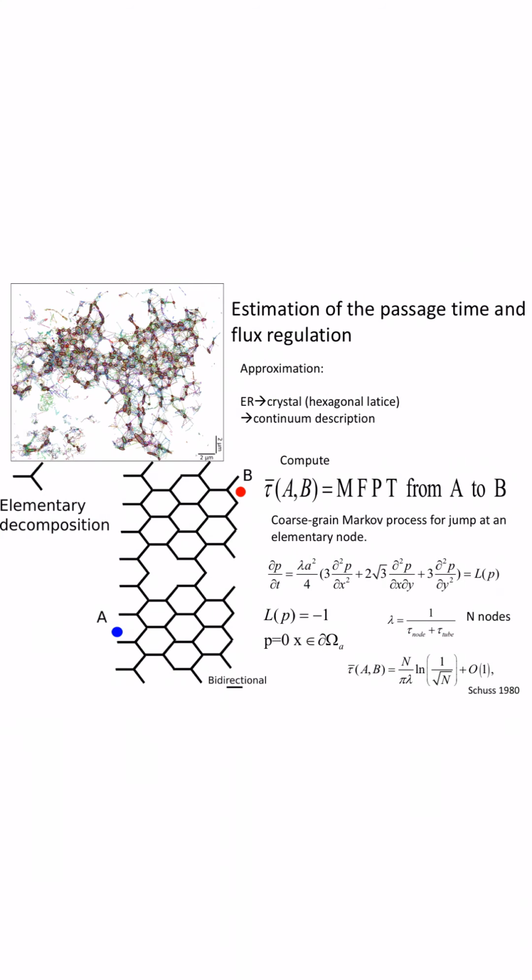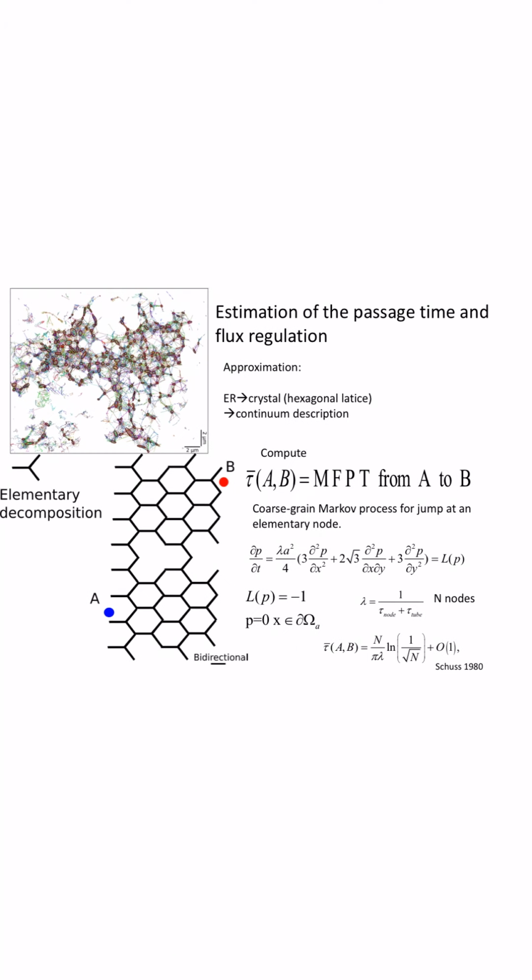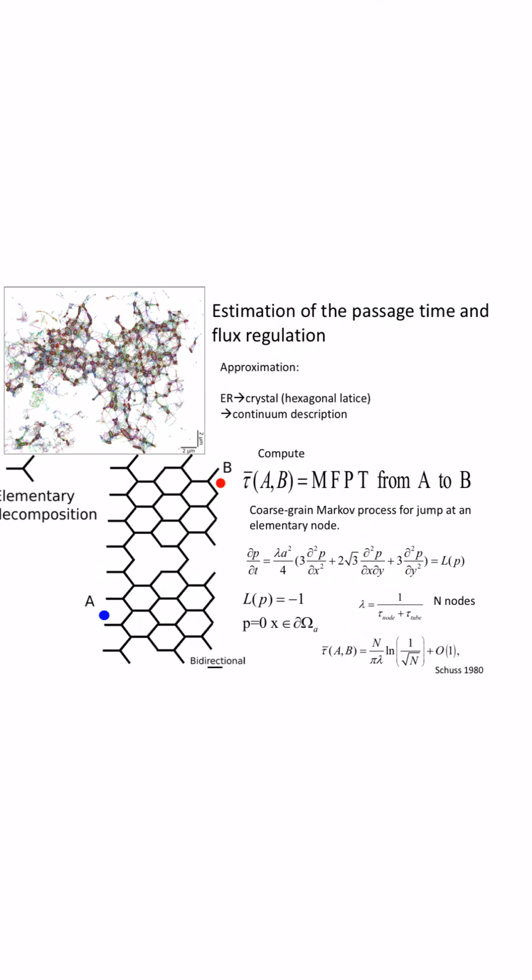So finally, we could ask the question, once we know this mode of motion, and here we will make an assumption that the mode of motion is very fast. How long does it take when you put many particles, many proteins, or whatever you want to study, that are generated at point A inside the network, which is now approximated with a honeybee type network, to arrive in B, starting at time 0 at A?